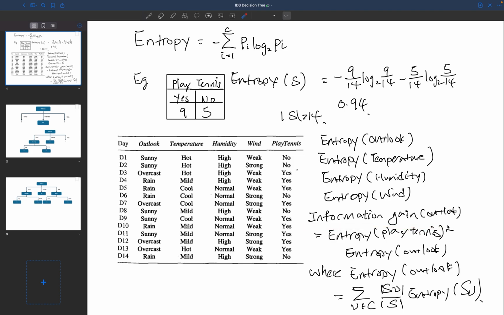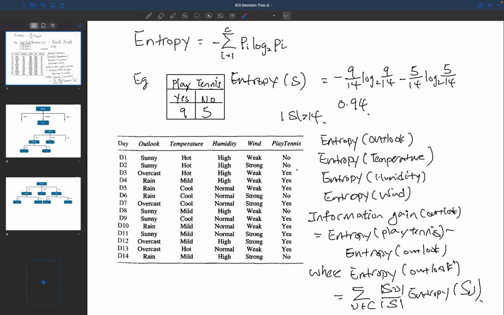The information gain is calculated by taking the entropy of the parent minus the entropy for each feature. The feature or attribute that gets the highest information gain at a particular node is chosen as the question that splits the data at that node.